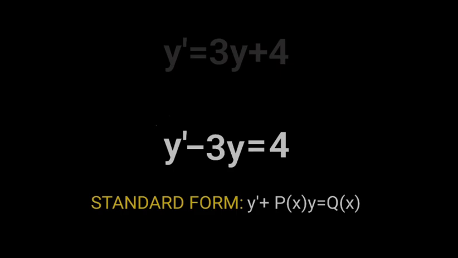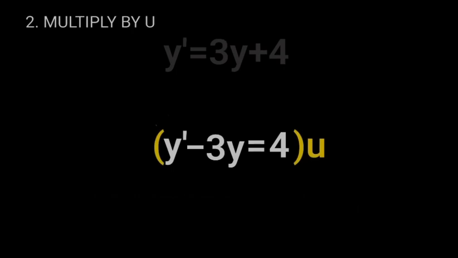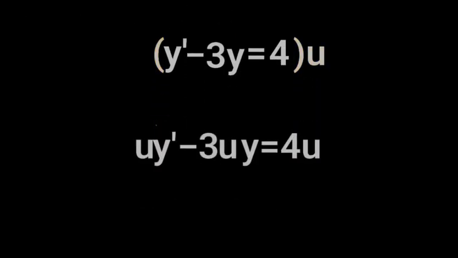Once we have it in standard form, we have to multiply both sides by u. Once we do that, we have u times (y prime minus 3y) equals 4u.